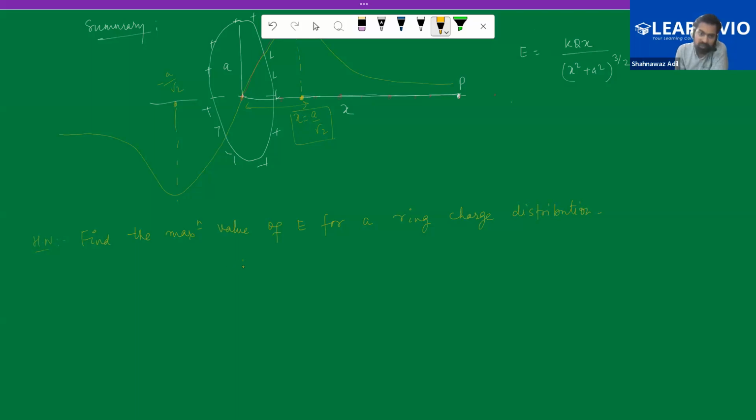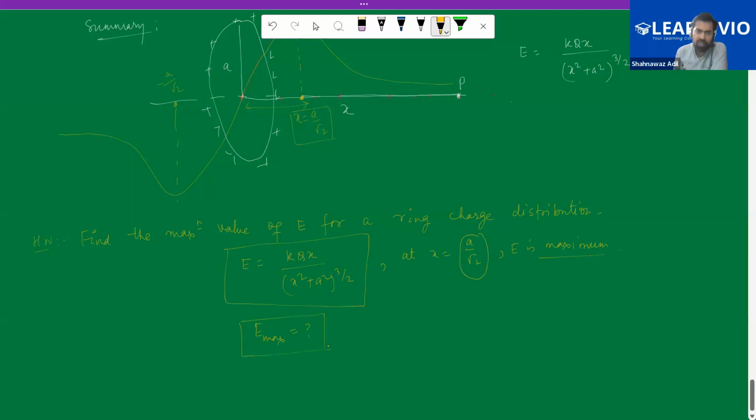You already know that the electric field varies like KQX divided by (x square plus a square) to the power 3 by 2, and that at x equals a by root 2 it is maximum. So you just have to put x equals a by root 2 in this equation and you will get the maximum value. Please note down this question. Try this at home, and in the next class I will ask about this.